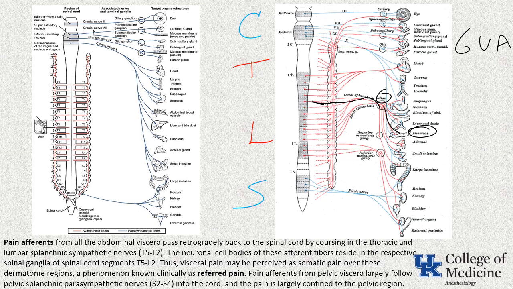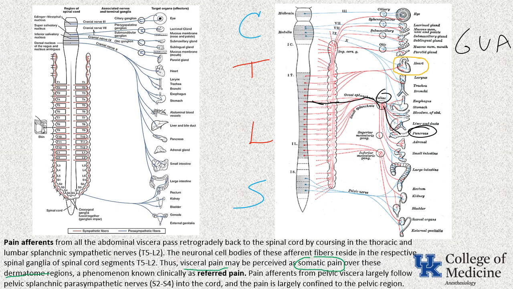One important thing to know is that visceral pain can be perceived as somatic pain over dermatomal regions that are in the same area. For example, if someone is having a myocardial infarction, they may experience chest pain, but they may also experience arm pain.